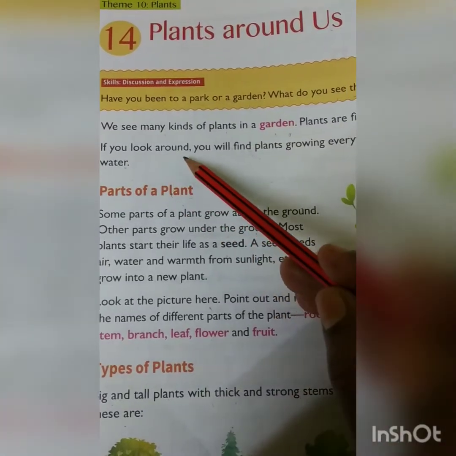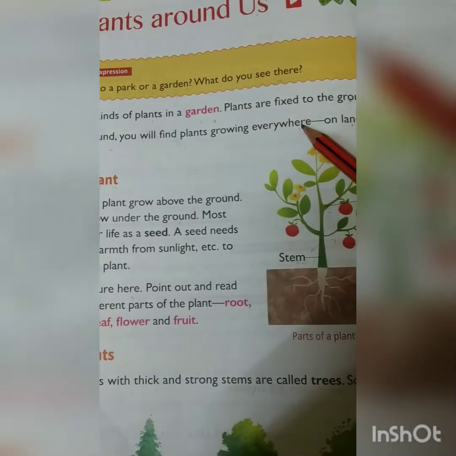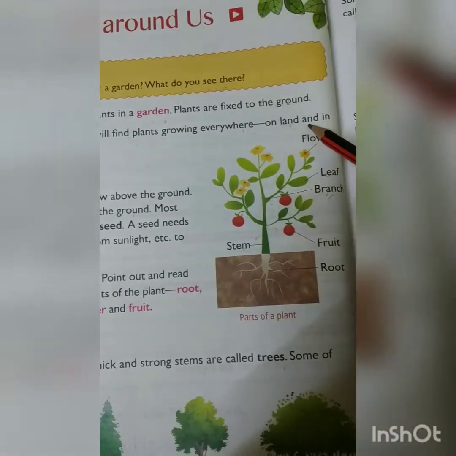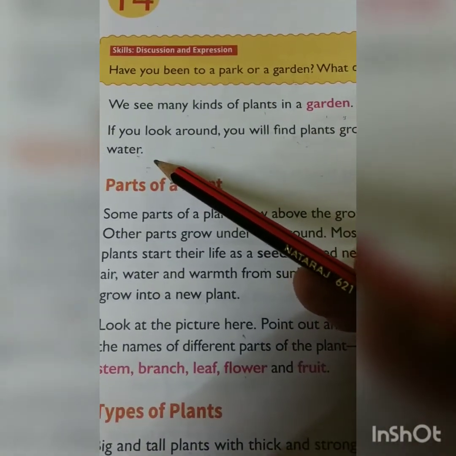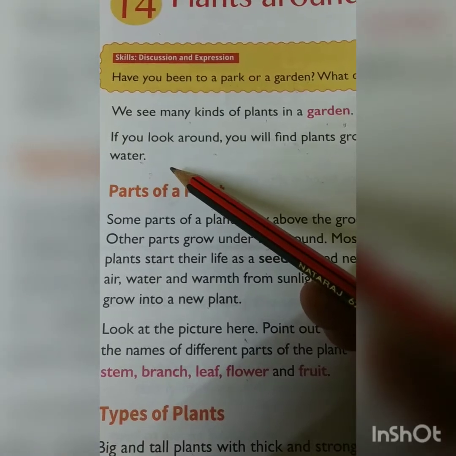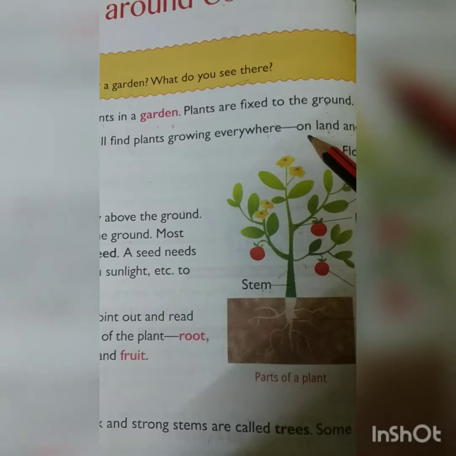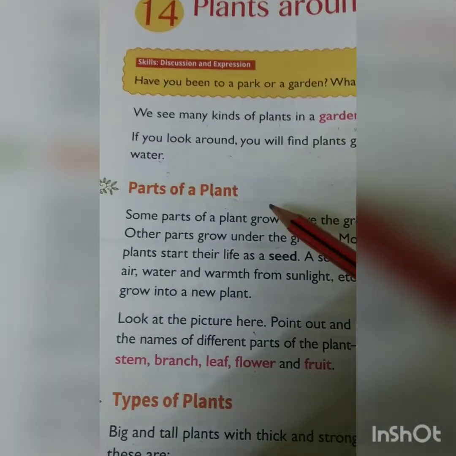And if you look around, you will find plants growing everywhere. Where? On the land and in water. Children, when we look around in our house and in our neighborhood, we can see many plants growing, on the land and also in the water.